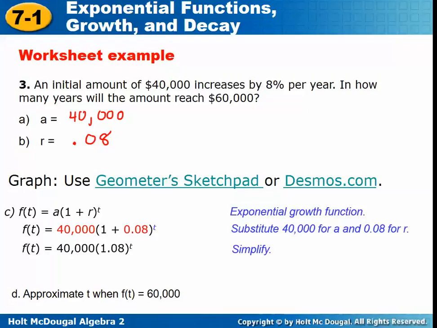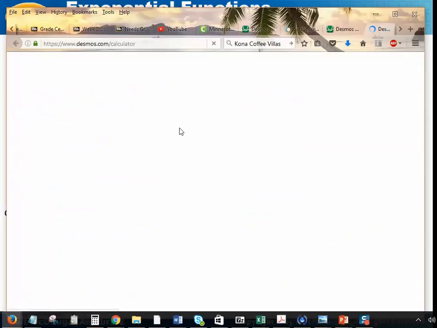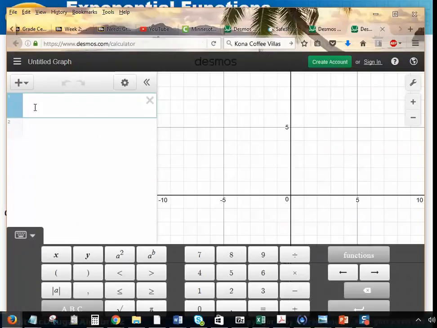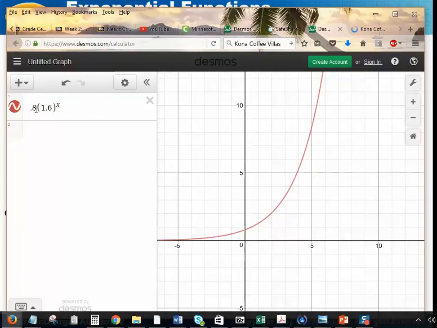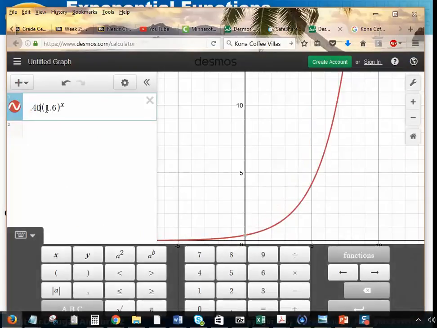Now we're ready to graph. You can use either one to graph, but I'm going to graph at Desmos. So this time my function is going to be 40,000.